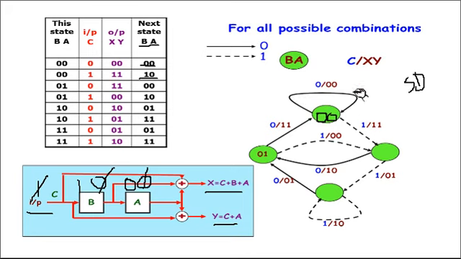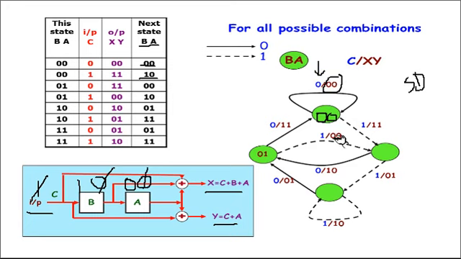So for 0 input, when the present state is 0 0, its next state will be 0 0 itself. That's why the arrow is directed to 0 0 itself. But what about the output bits? These are the output bits which are specified just below the corresponding input bit.